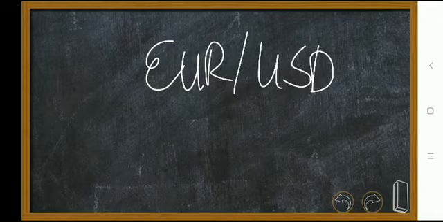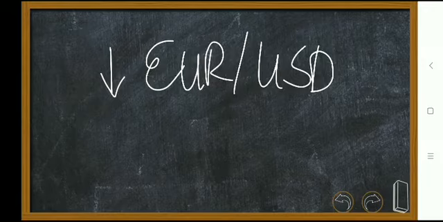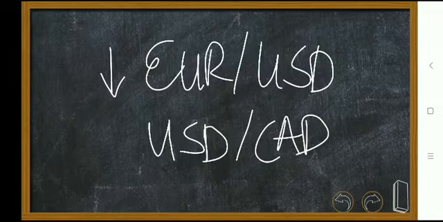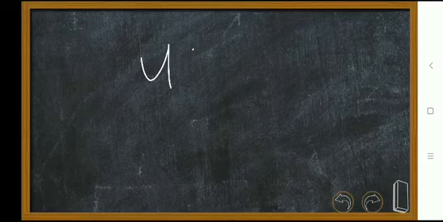So if USD is stronger than the euro, that means the euro is weak, and since euro is a base, we sell the currency pair.